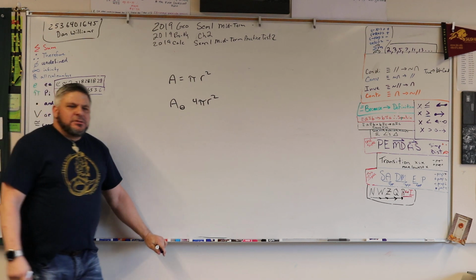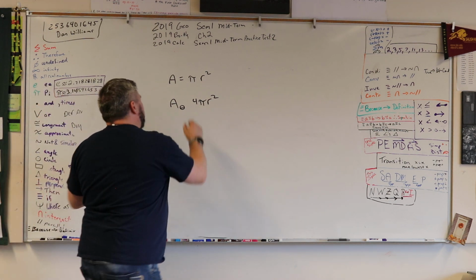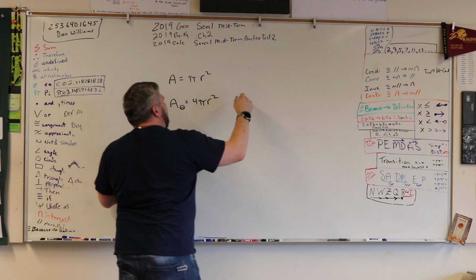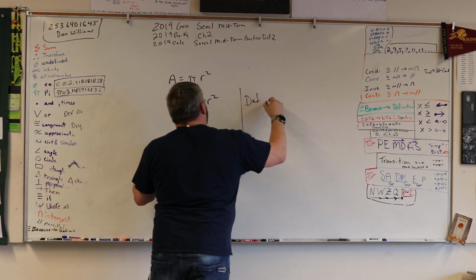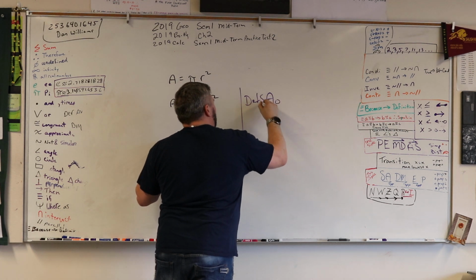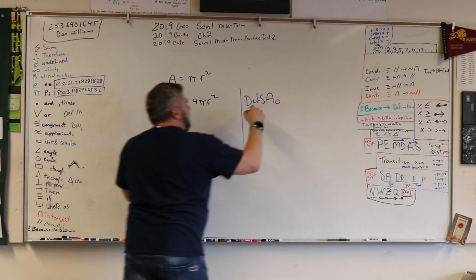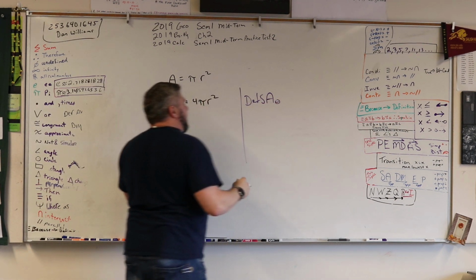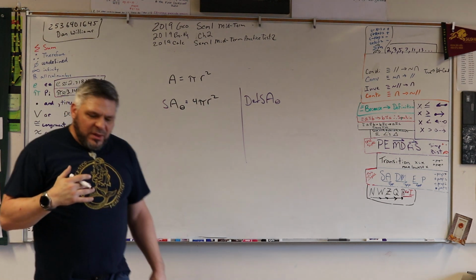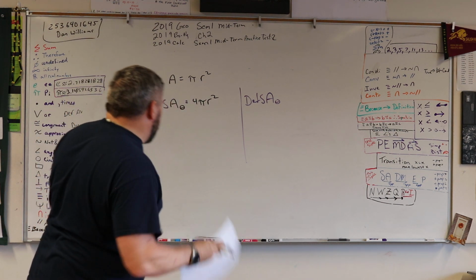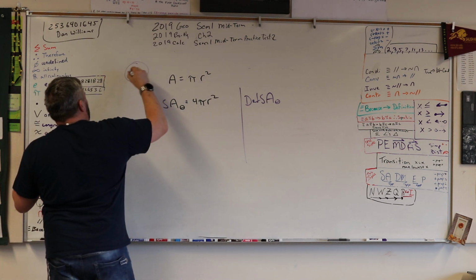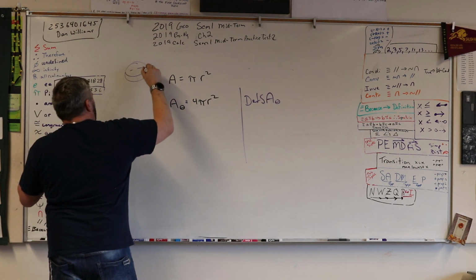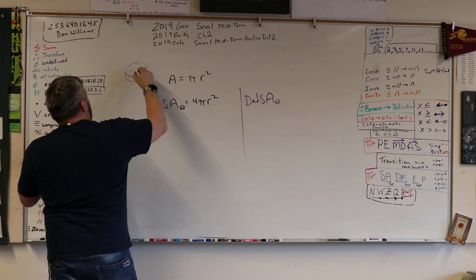So what we're talking about, when we're talking about a sphere, that's the definition of the surface area, SA of a sphere. And in our sphere that we're talking about, we have 9 meters as your radius.